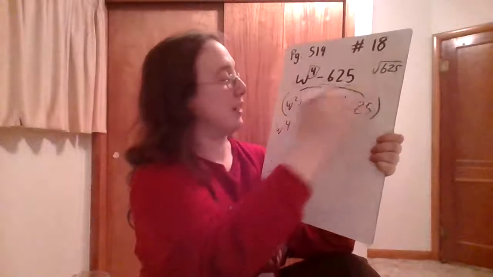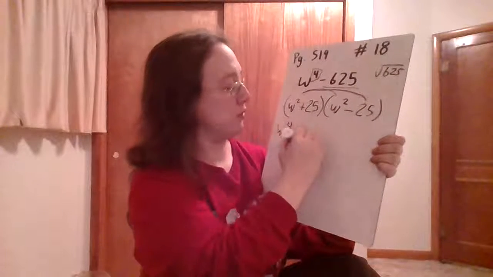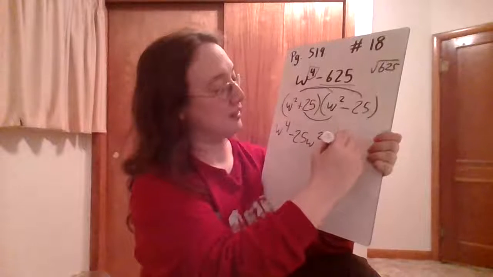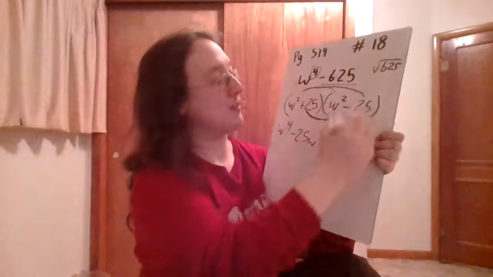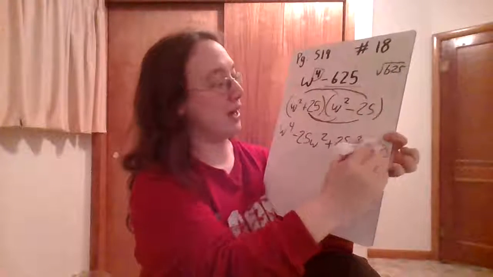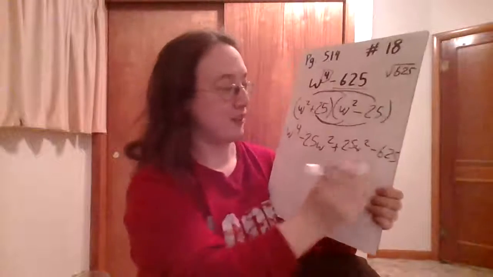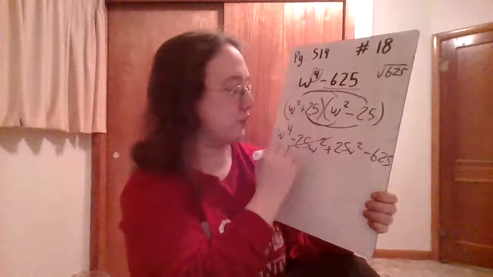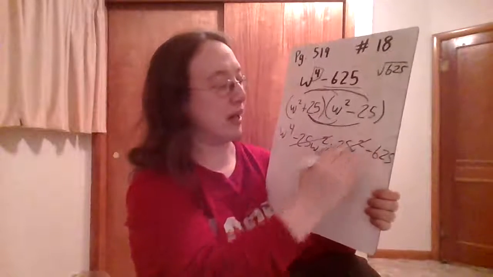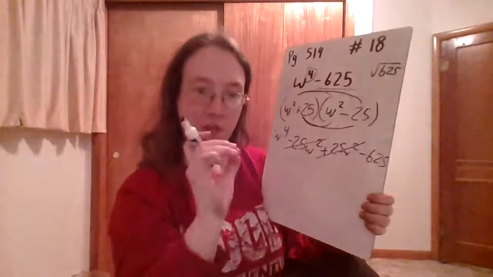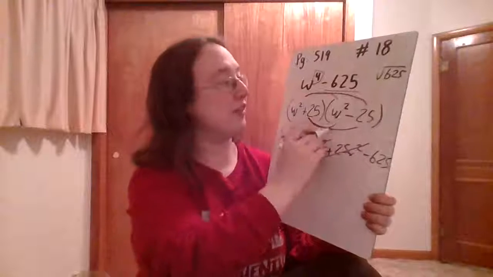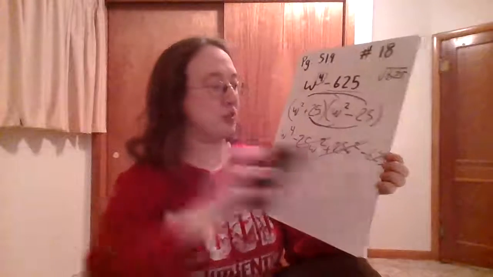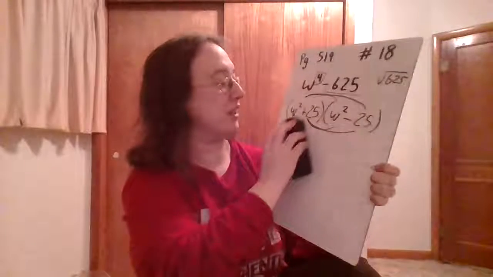I'd have a minus 25w squared plus this 25w squared, and then minus that 625, which doesn't look like this quite yet, but these two are about to cancel, because if I have a negative 25w squared and a positive 25w squared, that's 0, that's gone. So this is really the same thing as this. And that's what's getting your middle terms to cancel out, is if you have a positive and a negative of the same thing there.